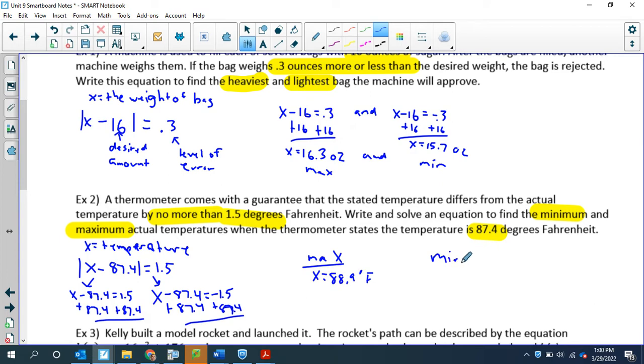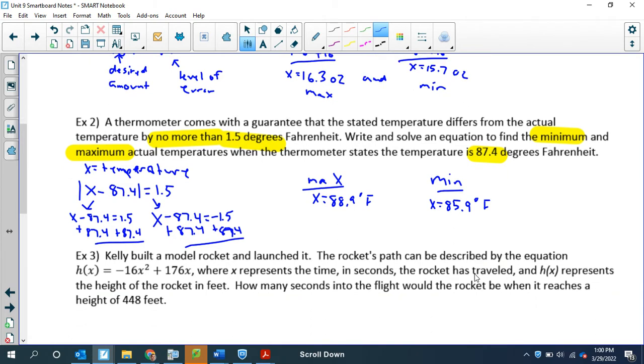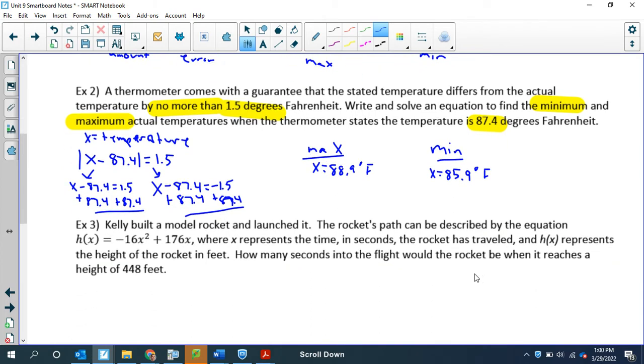So our minimum would be x equals 85.9 degrees Fahrenheit. All right, so that's our absolute value. Again, we're looking for a minimum and maximum to get the absolute value.